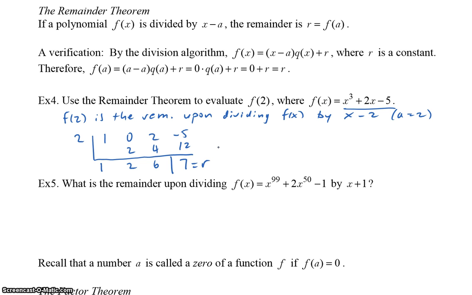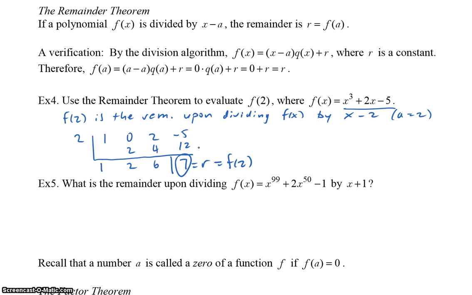The remainder theorem would say that when we divide by x minus 2, the remainder should be f of 2. So, in other words, f of 2 should equal 7.